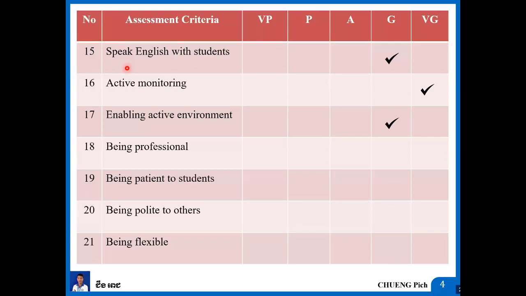Okay. Being professional. Don't be too casual, because we are preparing the students to be professional workers. So we have to be role models. When you're teaching, you must be professional. Try your best to be professional.